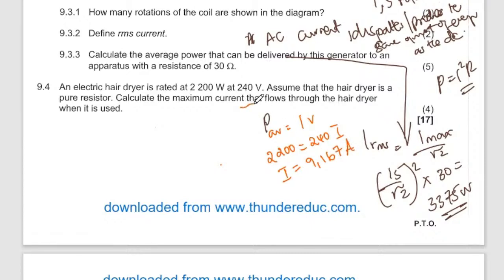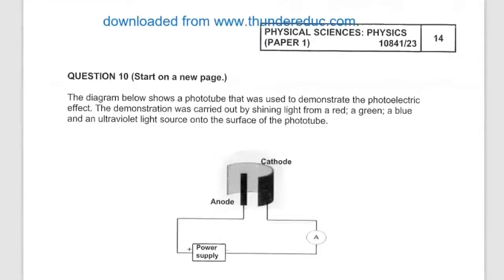The question wants the maximum current. To get the maximum current, you must take the I RMS times the square root of 2, which means my answer of 9.167 times the square root of 2 gives me 12.96 amps. That is 9.4.